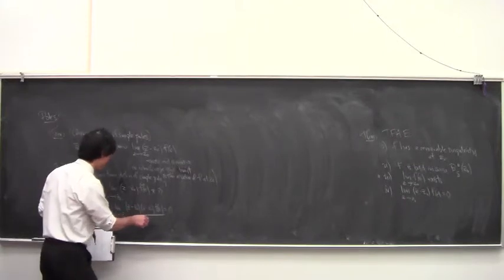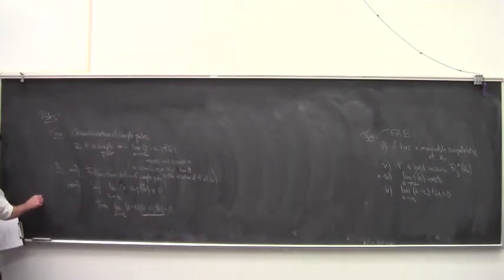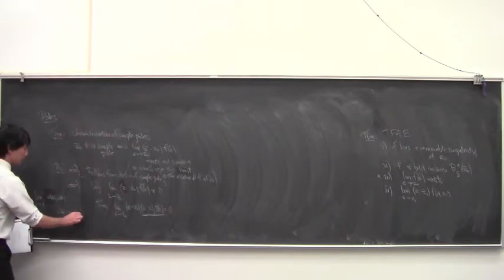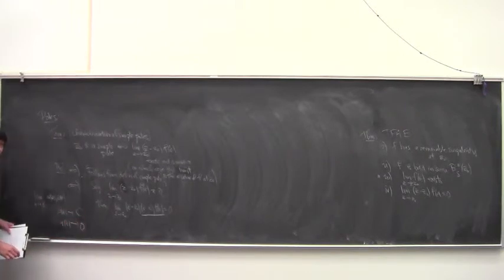You're just looking at the limit of something times something, where z goes to some point, and you know that B of z goes to a constant and A of z goes to 0. So the limit of the product is just going to be the product of the limits, 0.